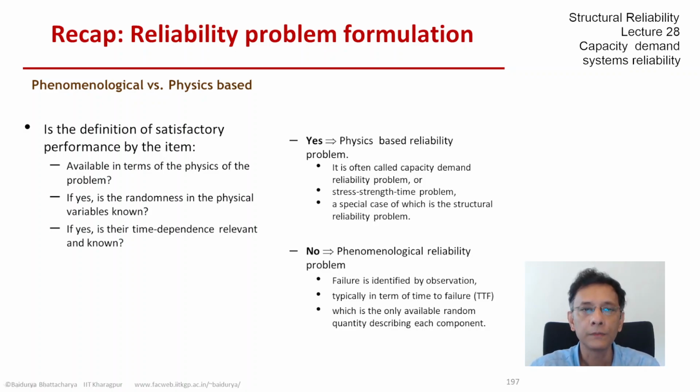So we are almost required to look at the underlying mechanics of the problem and derive failure from the underlying mechanics, including how the element or component failures come together to define system failure. So that's what we mean by the physics-based approach to failure, and obviously for structures that's almost always the way forward.